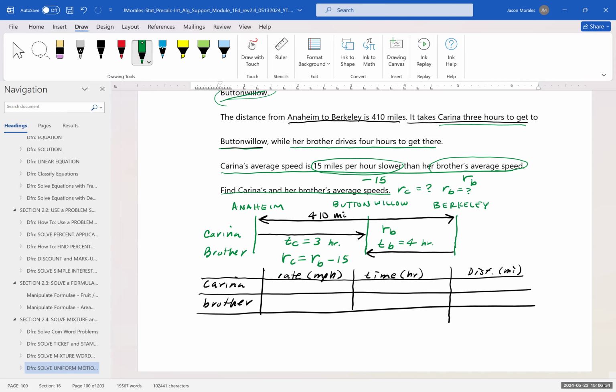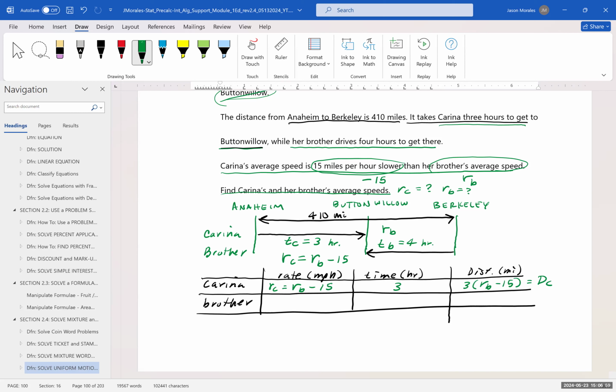Okay. And so Karina's rate is her brother's rate minus 15. Karina's time is 3 hours. And so the distance for Karina is 3 times the rate of her brother minus 15. So that is Karina's distance.